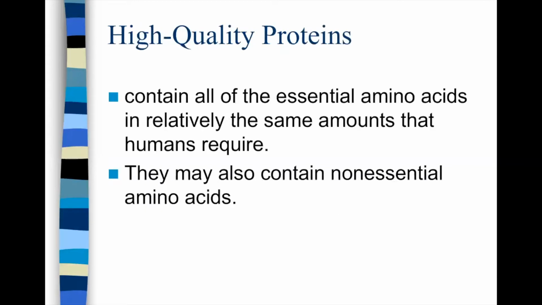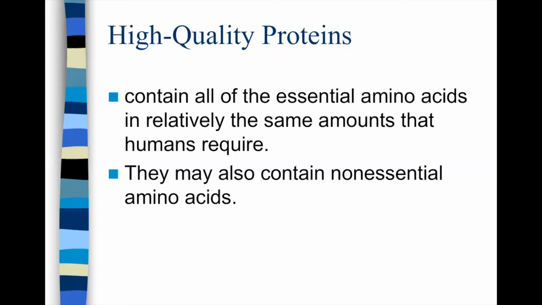High quality proteins. So high quality proteins have all of the essential amino acids in similar amounts that we require. Animal and plant proteins differ in their proportions of these essential amino acids. Soy and quinoa do have all of the essential amino acids in proportions very close to what humans need.